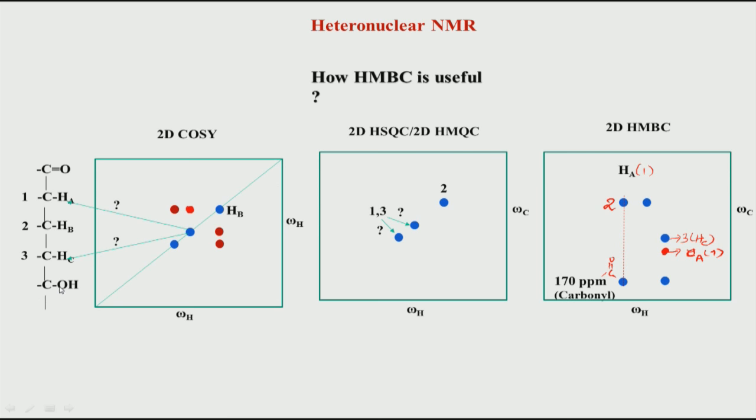It is fine, this carbon will come around 60 ppm. There may be a correlation between HC and this carbon, which I am not showing in this spectrum at all, because for me just getting a correlation to the carbonyl is sufficient to resolve the doubt of which is HA and which is HC.